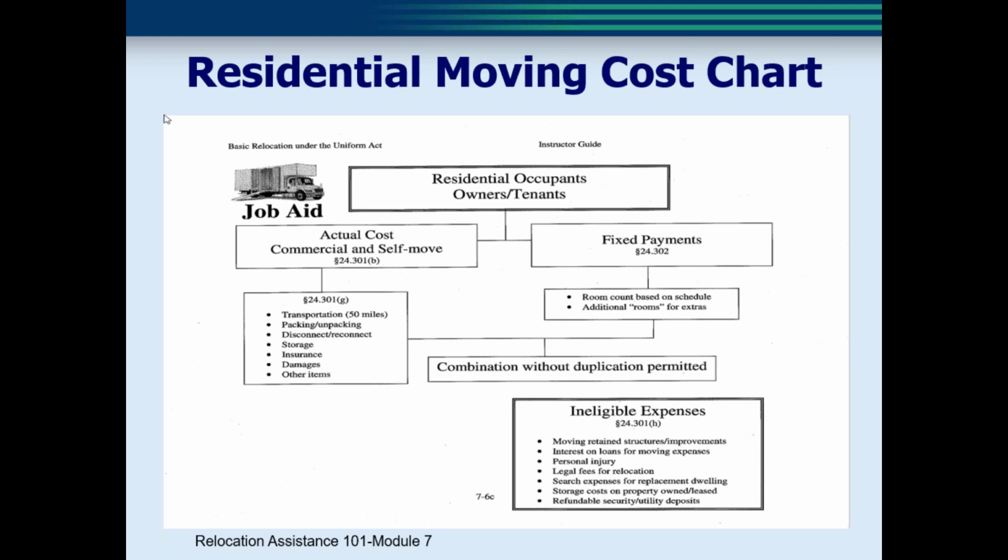If they are bringing in a commercial mover, you're going to be paying that bill. Make sure that those items didn't include what you gave them also under the fixed move schedule.